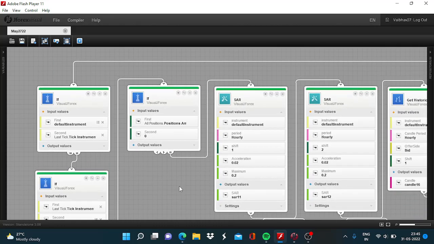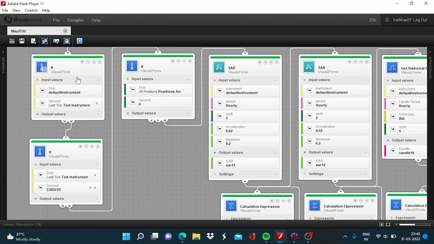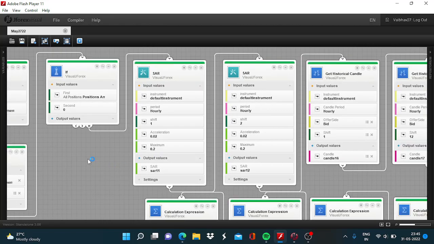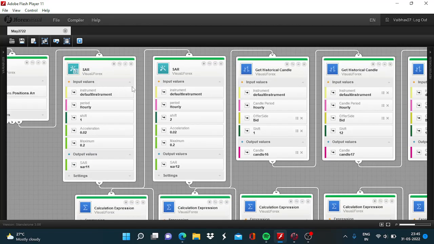In the last two sessions, I demonstrated how we can get these blocks in place to get the instrument subscription done, where the Euro USD was used as the instrument of choice. Afterward, the position amount was defined at zero. These two indicator blocks of the SAR were added.